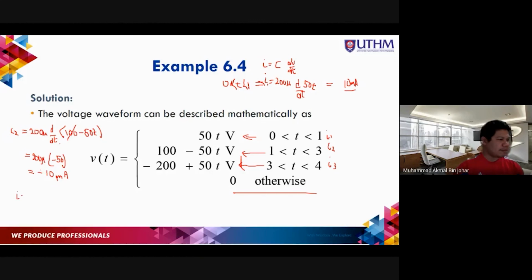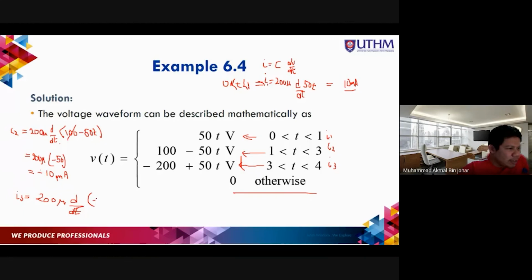Gunakan lagi yang sama, I3. Okay, sama dengan 200 micro d over dt. Okay, 200T.